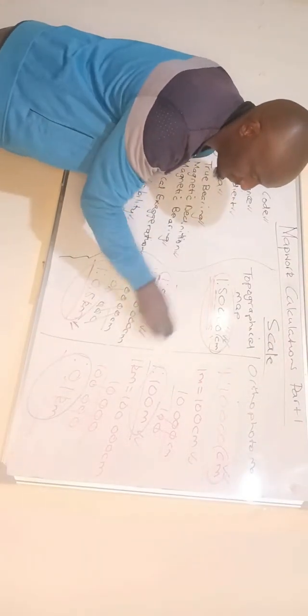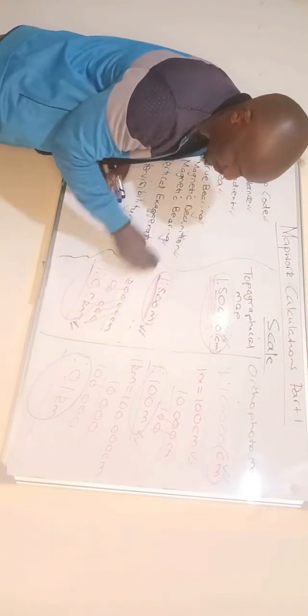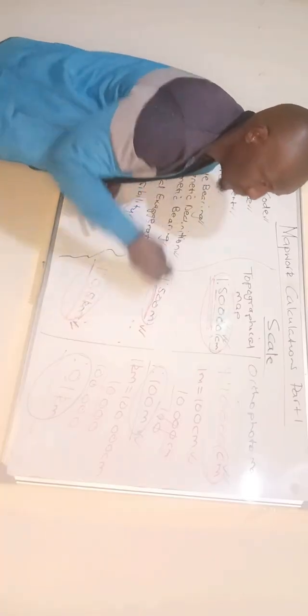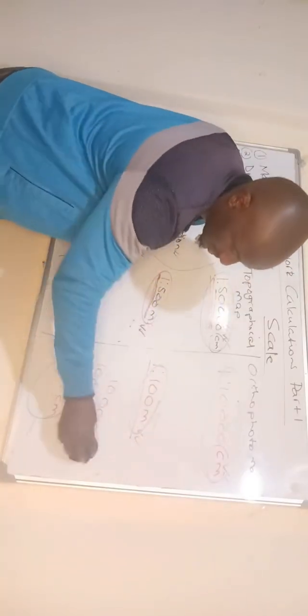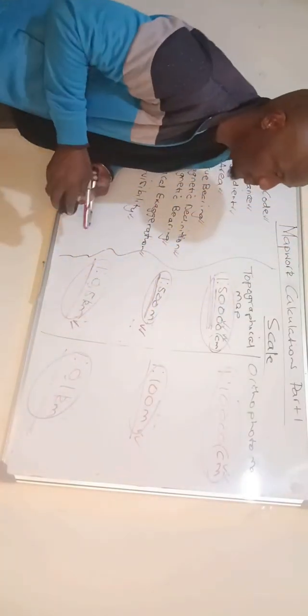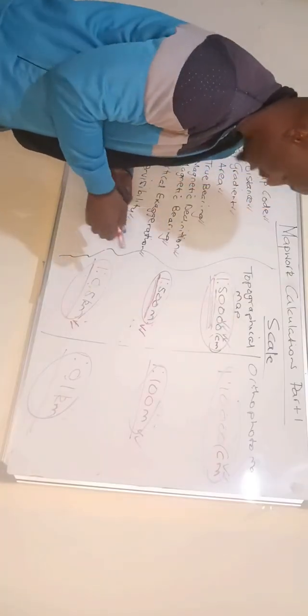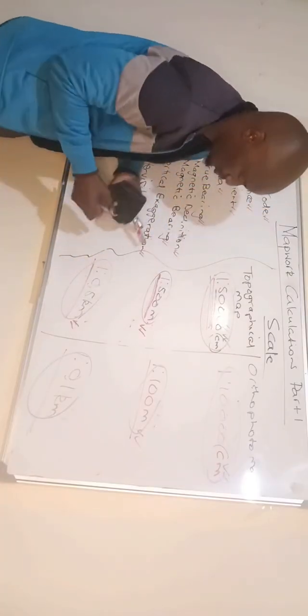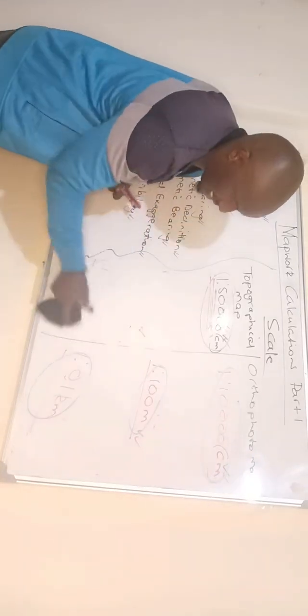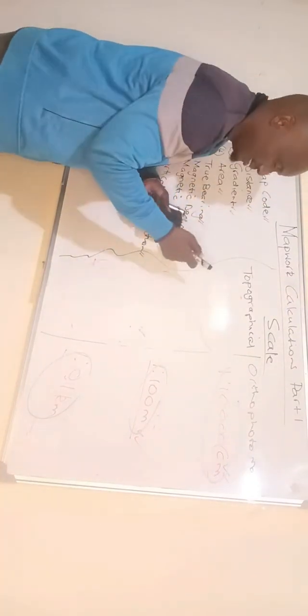So what we have done now, if I rub it off, we have this. Let me rub this off so that I can write it one after the other. This is your map.